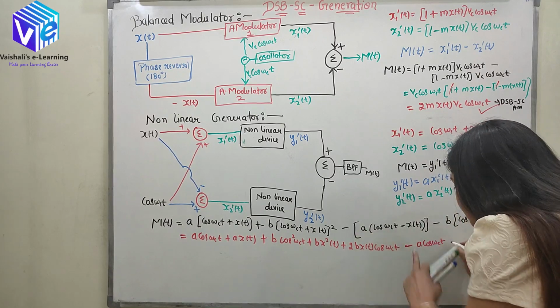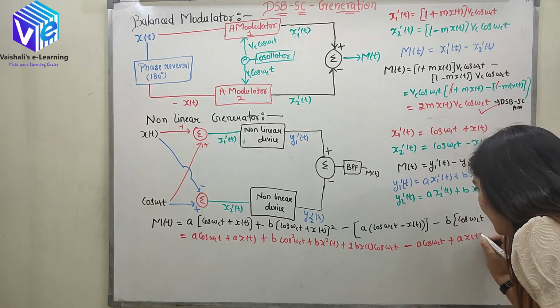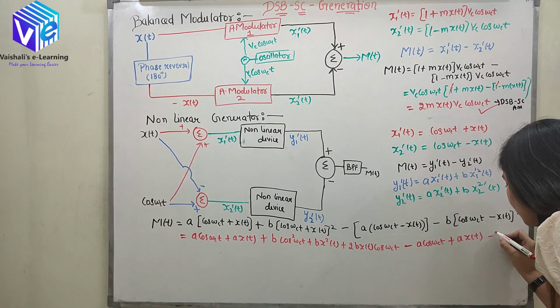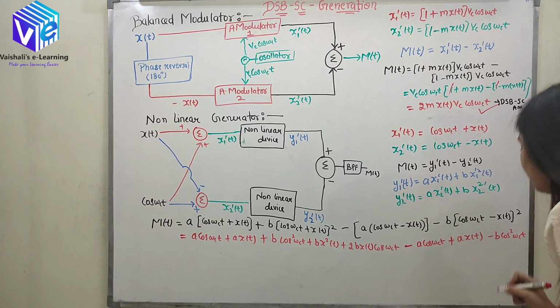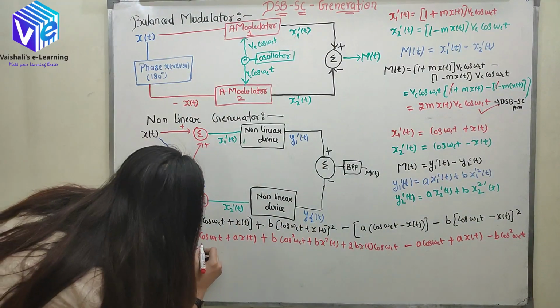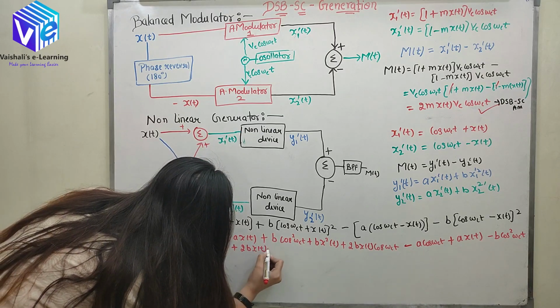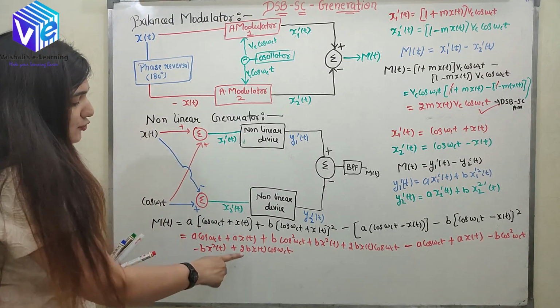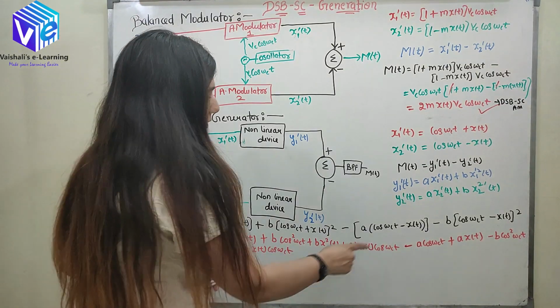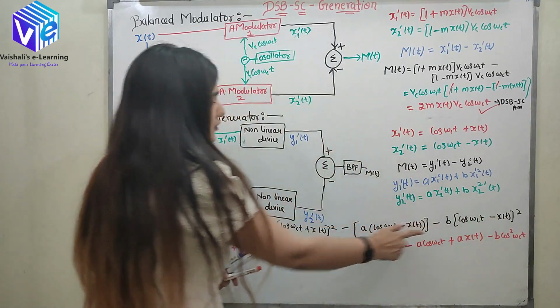So this minus and this minus would get plus a of x(t), minus b of cos square omega ct minus b of x square t plus 2b x(t) cos omega ct, because here this minus term would turn into positive because of this minus.